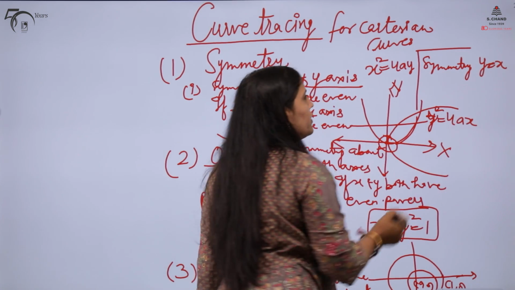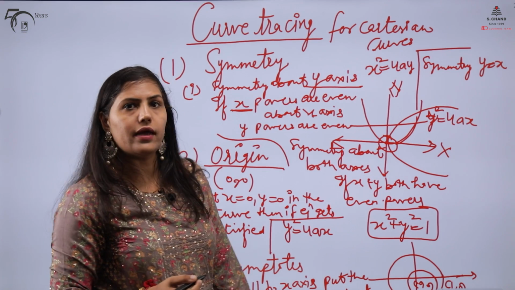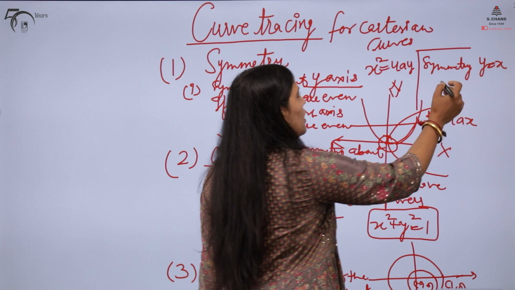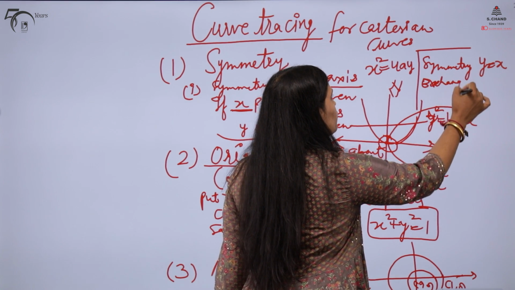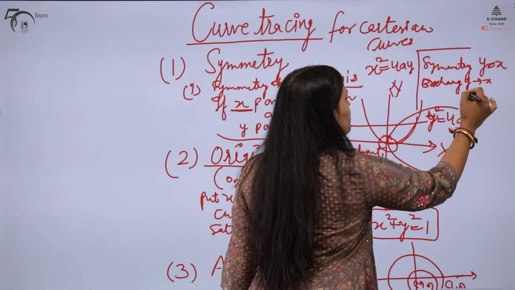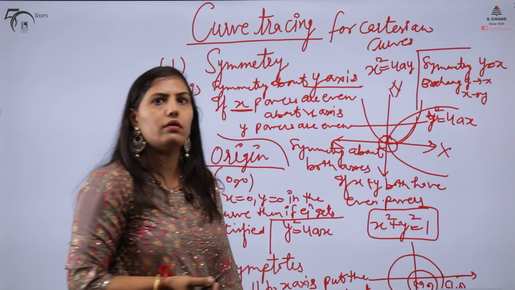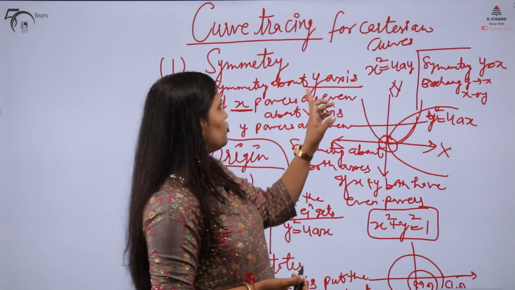How to check whether your curve is symmetrical about this line or not? This line makes a 45-degree angle and passes through the origin. Just exchange x and y in the equation, y by x and x by y. If your equation remains the same, you will say your curve is symmetrical about y is equal to x. So that is the one addition in symmetry.